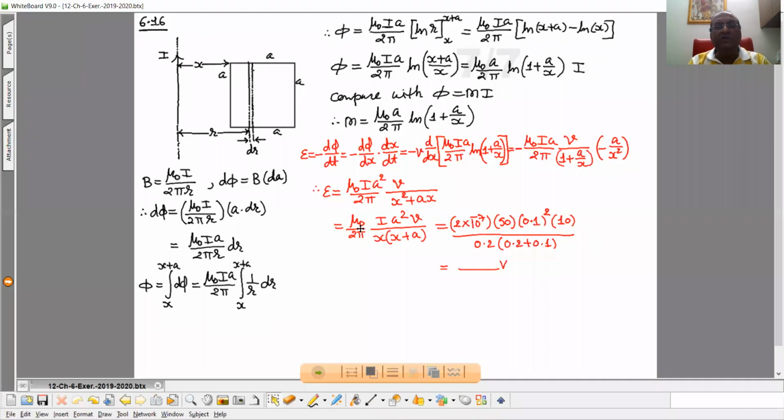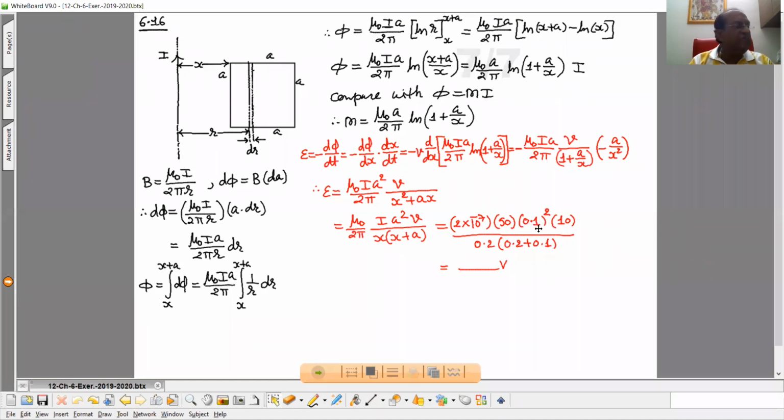Now mu 0 upon 2 pi we can directly write as 2 into 10 raised to minus 7. Then the current given to you is 50 ampere. Then the speed with which it is moving is 10 meter per second.